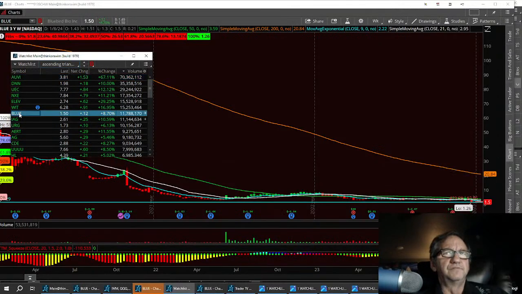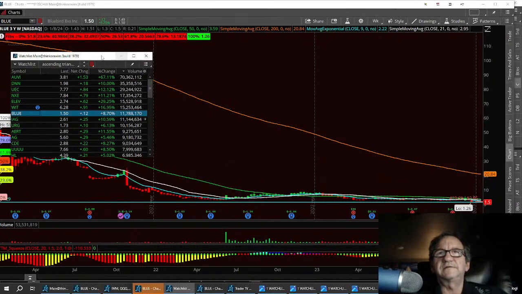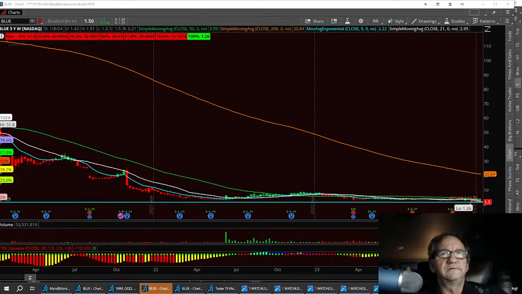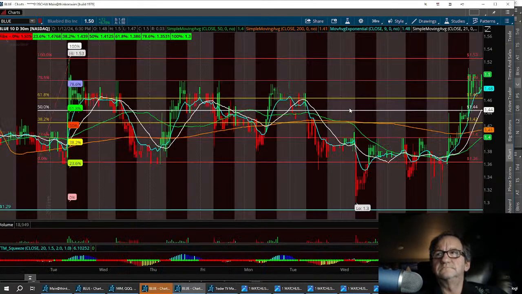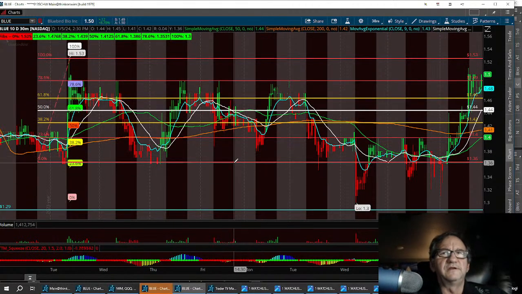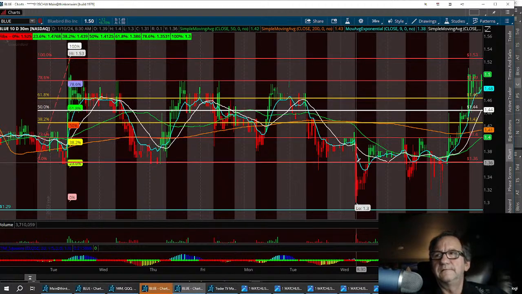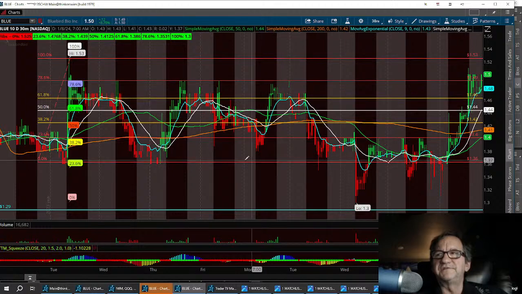Here's one, blue. Now, someone asked me about blue last week, and I said we'd pull back a little bit. It's being pumped. And finally, we hit my lower support down here on the Fibonacci at 136. And we bounced off that 136.